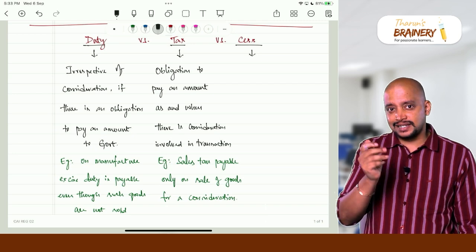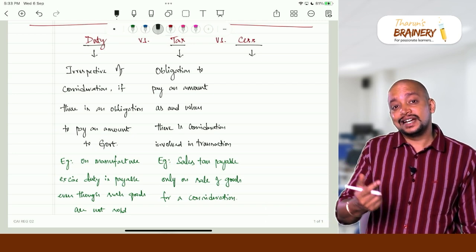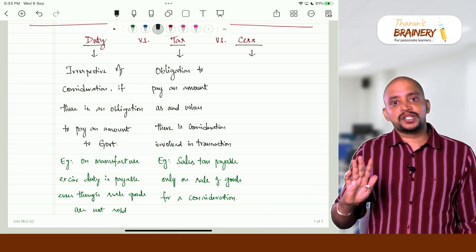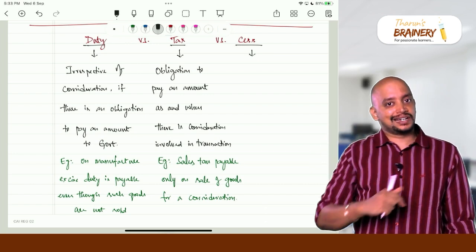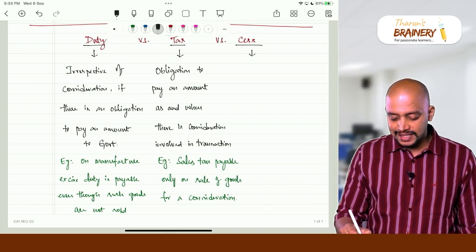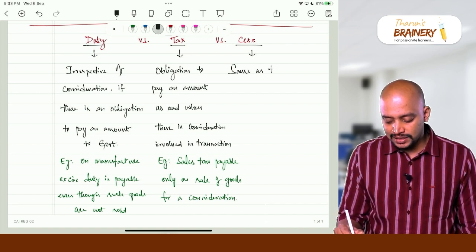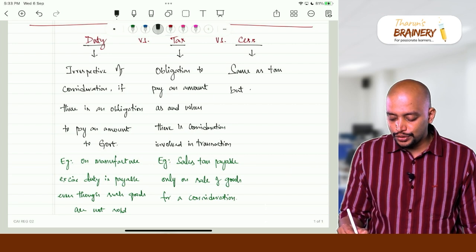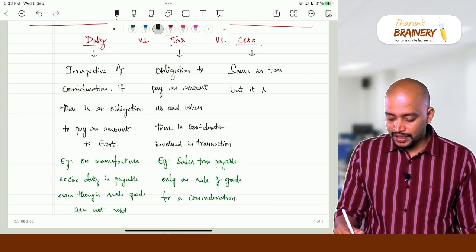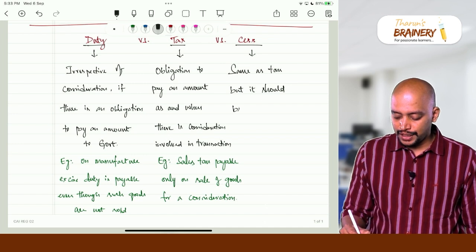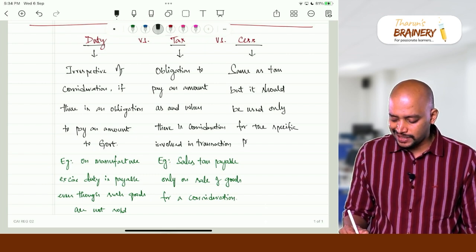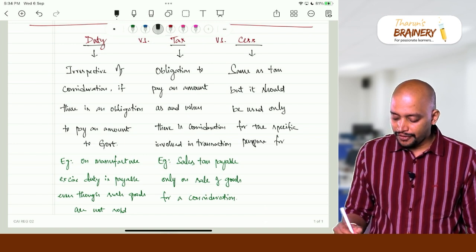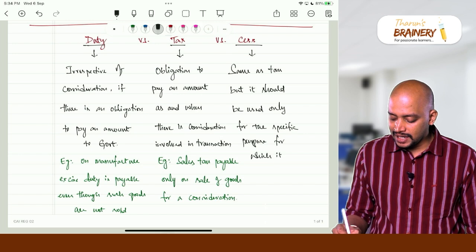But the difference between tax and cess is that whatever money is collected as tax can be used for any purpose by the government, but whatever is collected as cess should be used only for the specific purpose for which it is collected.